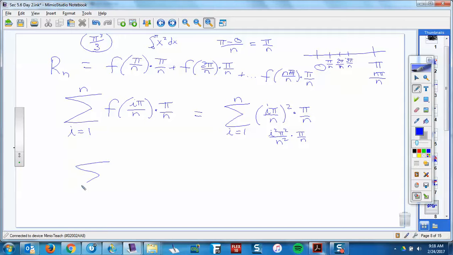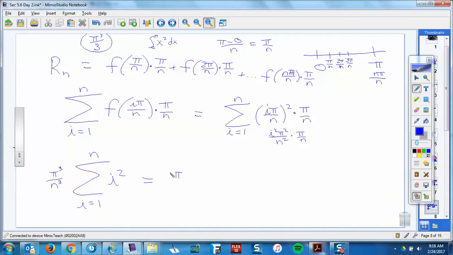So when we write this sigma, we're going to pull out, what are the constants here? Pi cubed over n cubed. N is a constant here. N is the number of subdivisions. So n is a constant, but i is not. So i squared will be in there. So we get i from 1 to n.